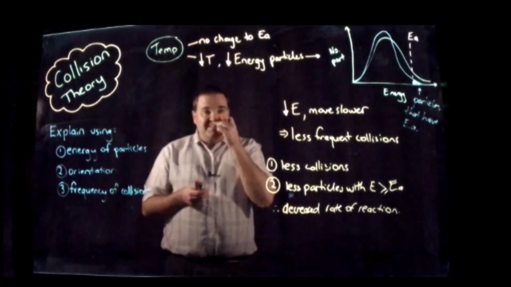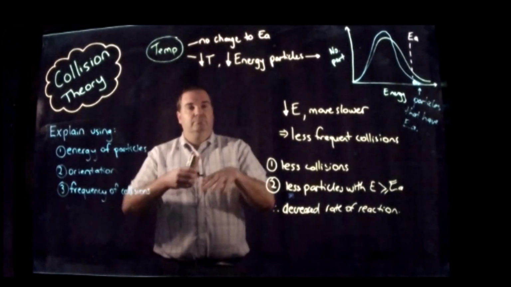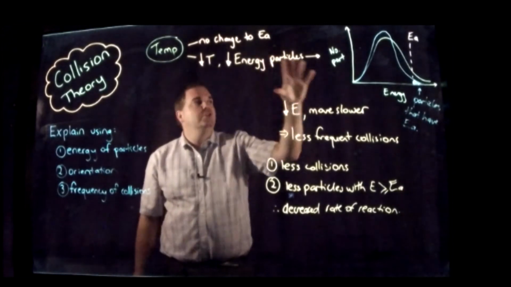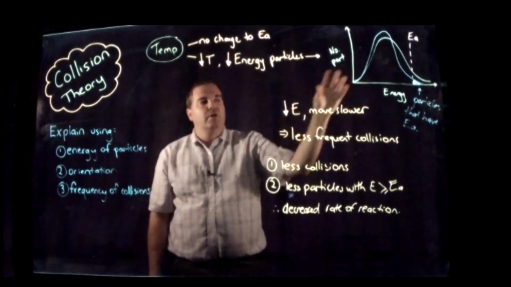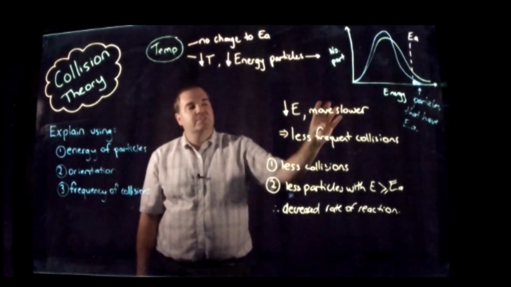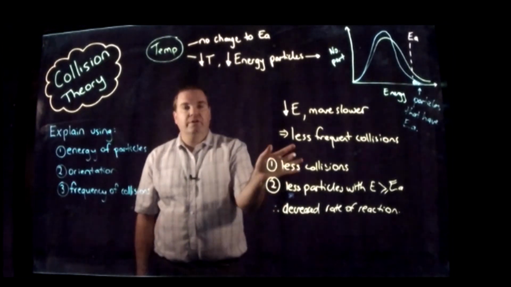So you could explain this in terms of saying a decrease in temperature means that particles have lower energy. You can show that in an energy distribution graph. Because they have less energy, they move slower. Because they move slower, there are less frequent collisions. So all in all, what this means is you've got fewer collisions occurring.